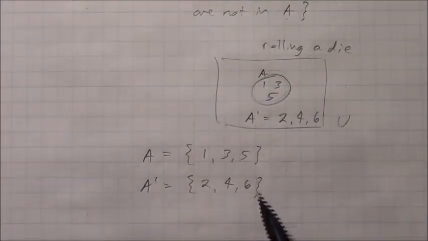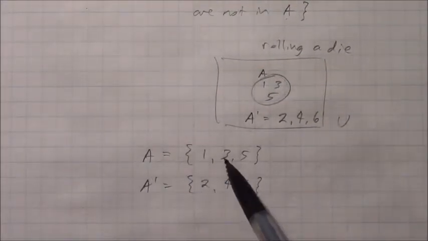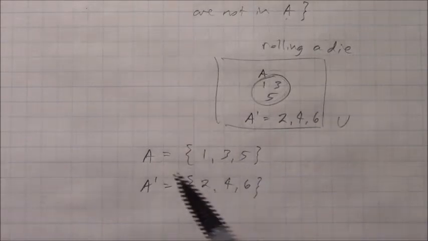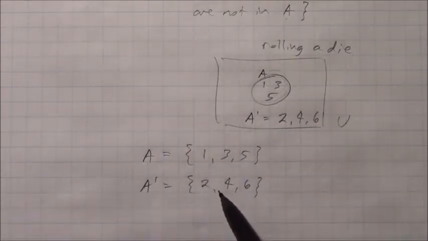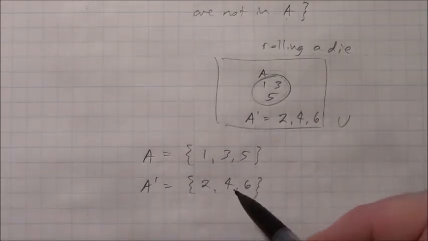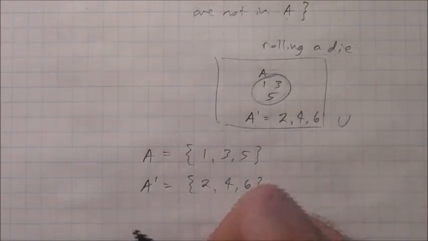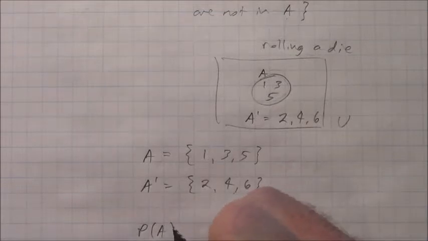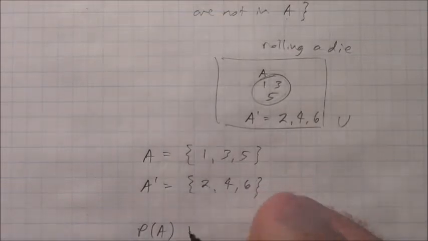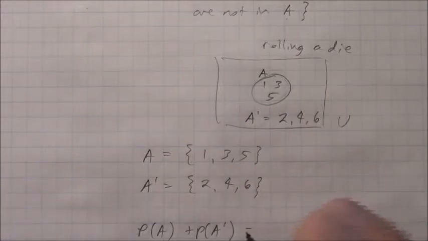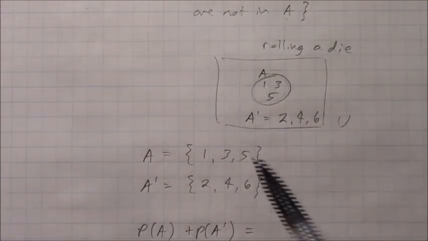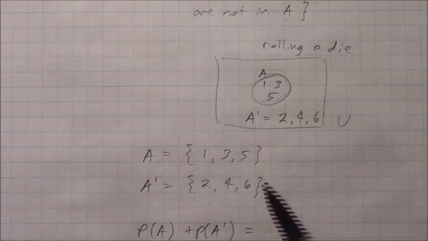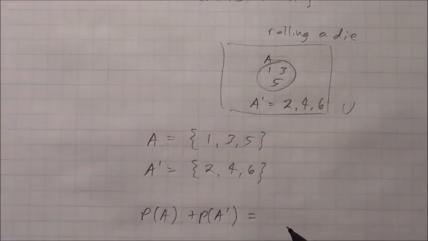Now, if A is the event that we're looking for and A complement is the event that we're not looking for, then if we were to add up those two possibilities, the probability of A occurring plus the probability of A complement occurring, well, when we roll a die, one of these numbers is going to turn up.